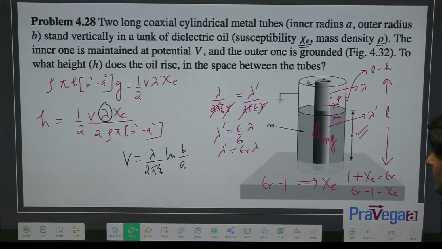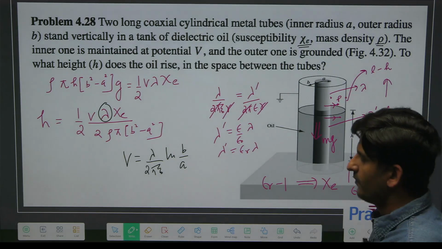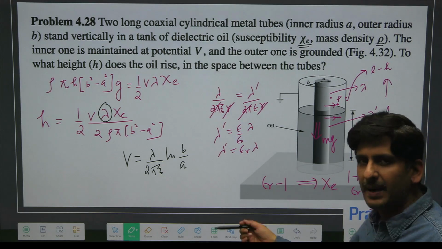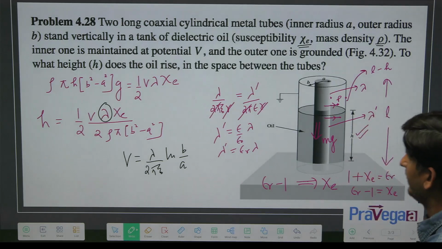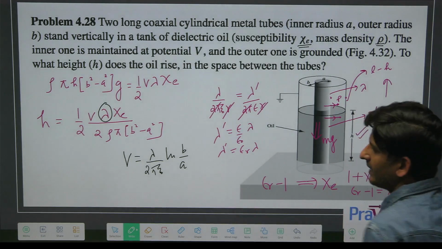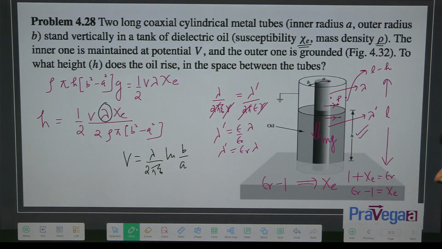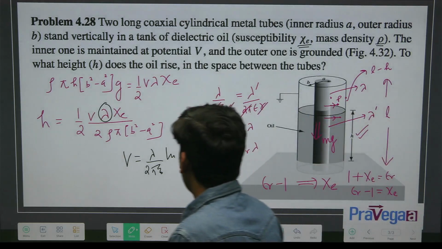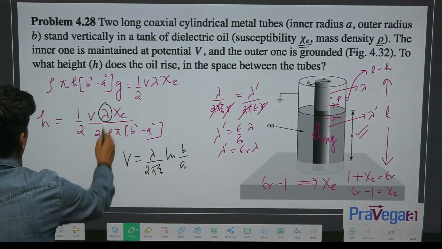This will be the potential difference, because you know V can be calculated by minus integral E dot dr, and when you integrate dr by r it will become log. So this is a standard result also for cylindrical. So lambda I don't need, I will replace it.